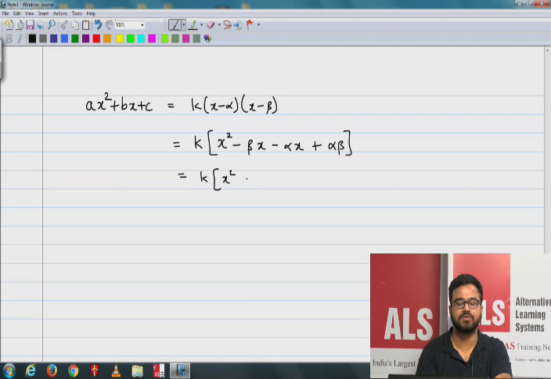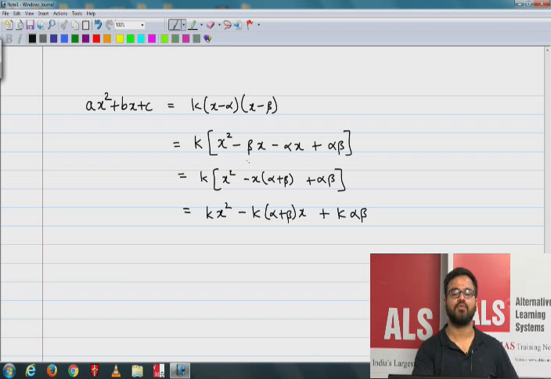If we take minus x as common, we will be left with alpha plus beta in the bracket plus alpha beta, and then again multiply with k. So kx square minus k times of alpha plus beta x plus k alpha beta. What I have done is just multiply the right hand side.